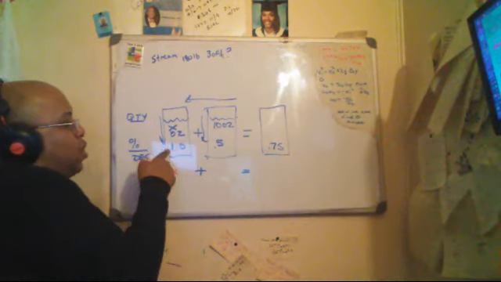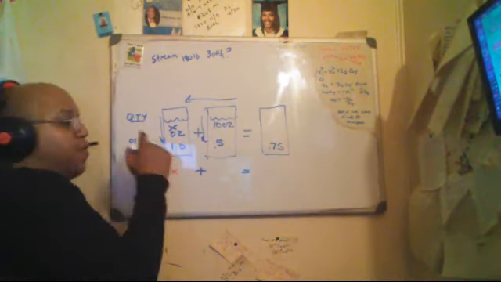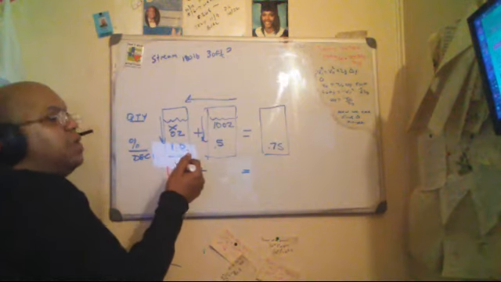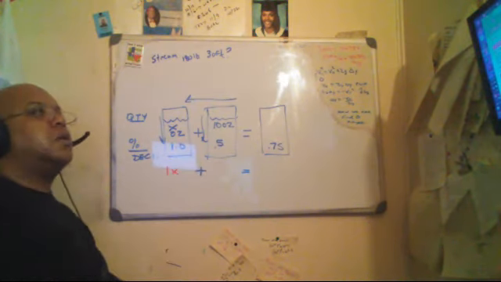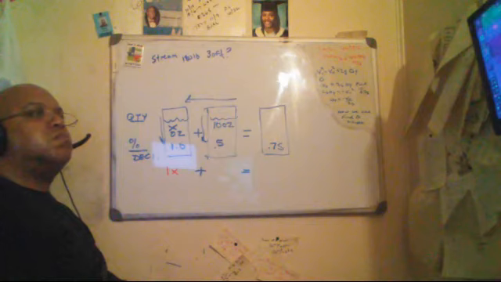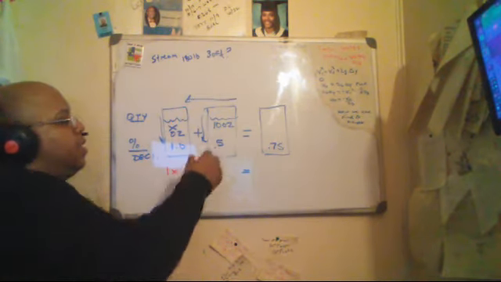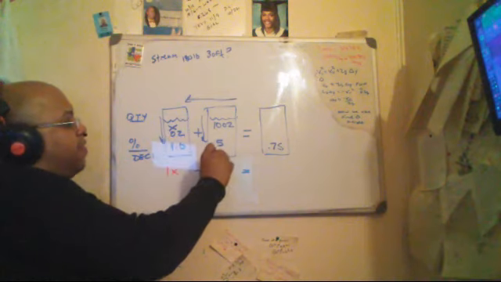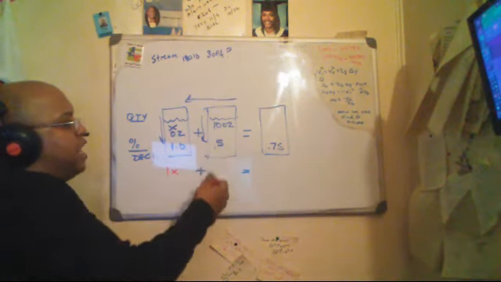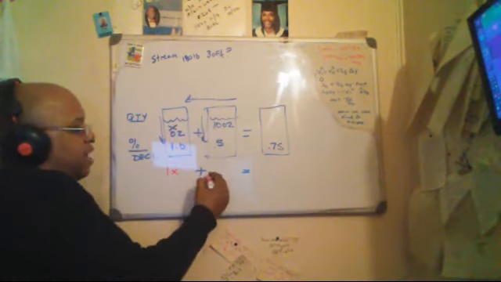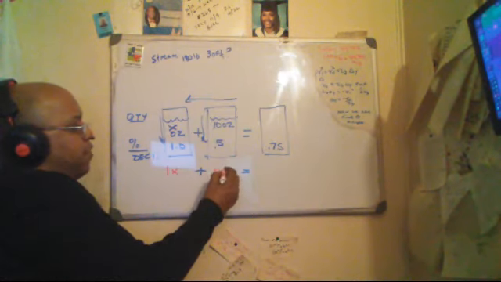So 1x, because 1 times x, the unknown amount of 100% solution. Then 50% times 10, or you can say 10 times 50. It doesn't matter, but I will keep it in the format.